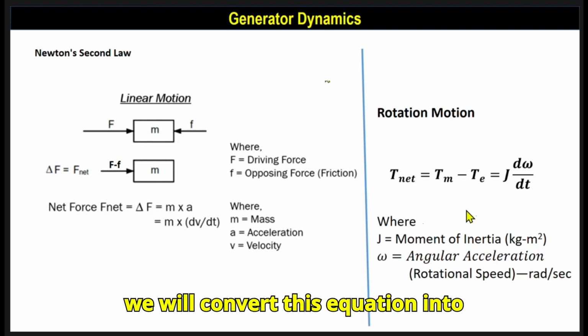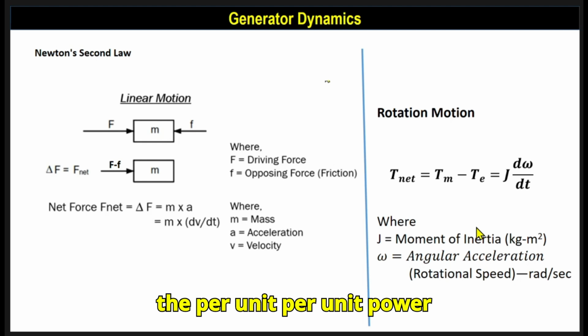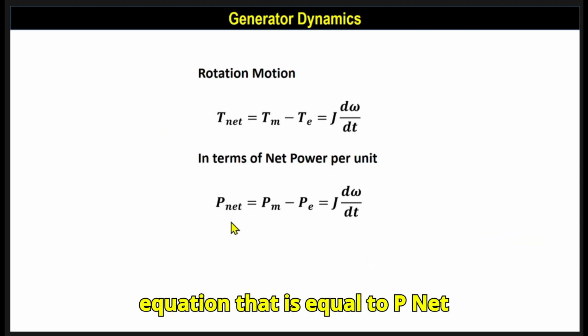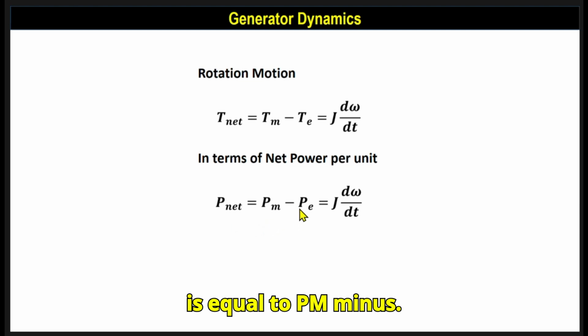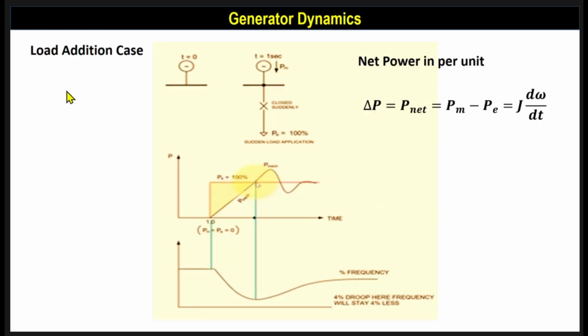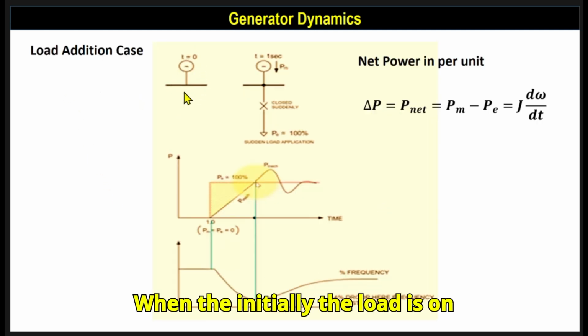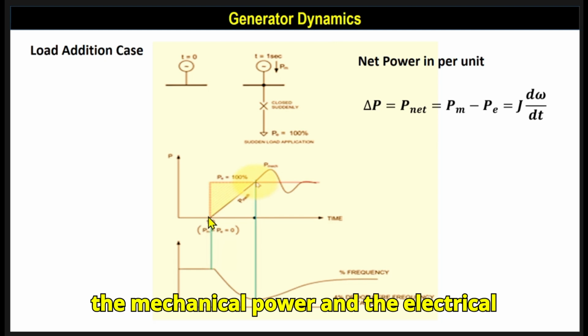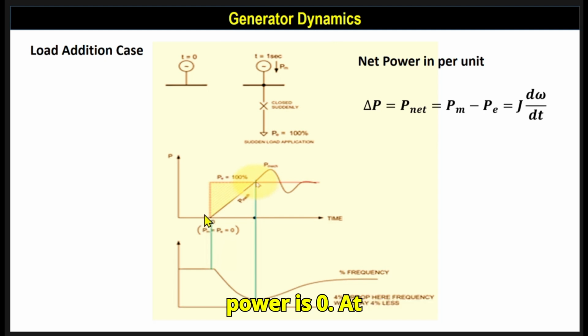Now we will convert this equation into the per unit power equation: P net is equal to Pm minus Pe is equal to J d omega by dt. Initially the load on the generator is 0, so the mechanical power and the electrical power are 0.